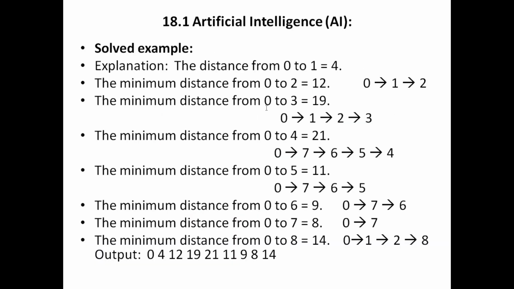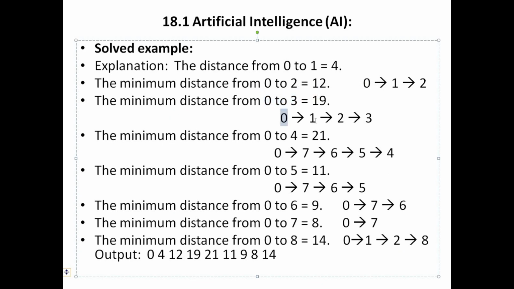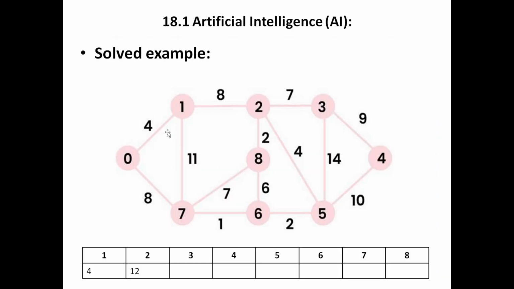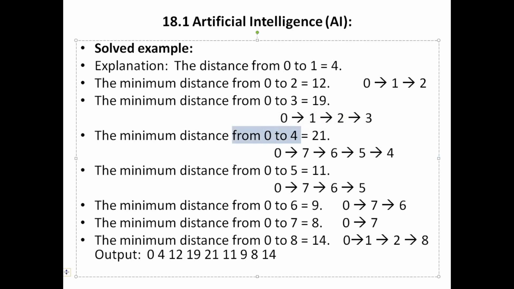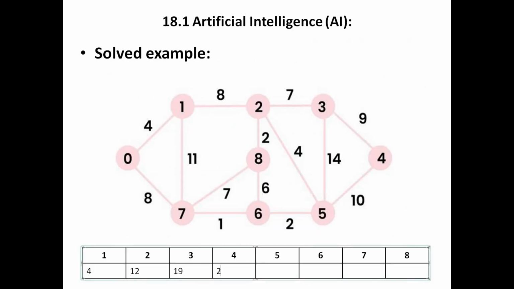Similarly, the minimum distance from 0 to 3 would be 0 plus 1 plus 2, which will be 19. The path will be 0, 1, 2 and 3. 0 to 1, 1 to 2 and 2 to 3. You can try other combinations as well, but over here only record the shortest path. The minimum distance from 0 to 4 will be 21. How?